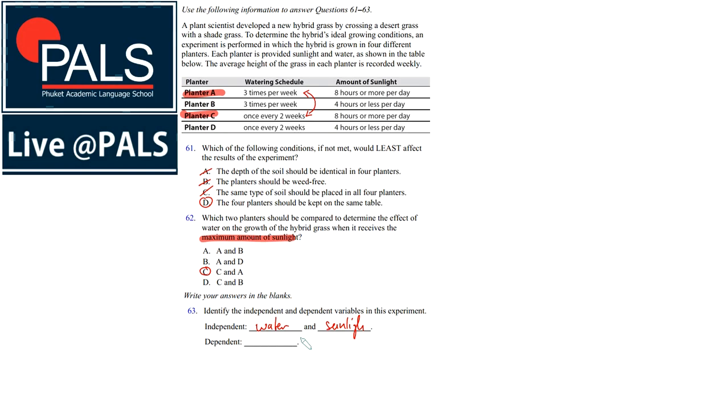And how do we see the effect? We need to measure something, and this is our dependent variable, and this is probably mentioned in the text. The average height of the grass in each planter is recorded weekly, so that is our dependent variable, the height of the grass.